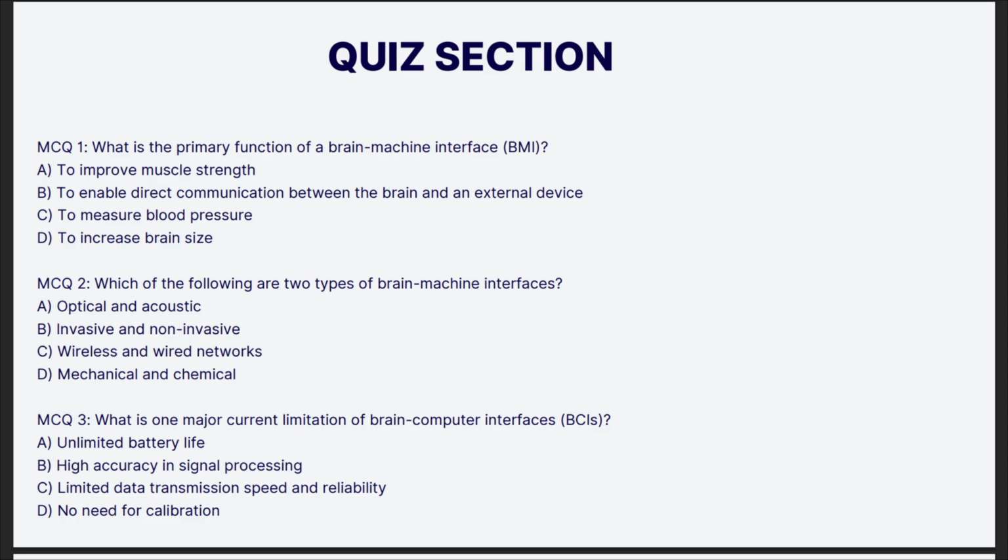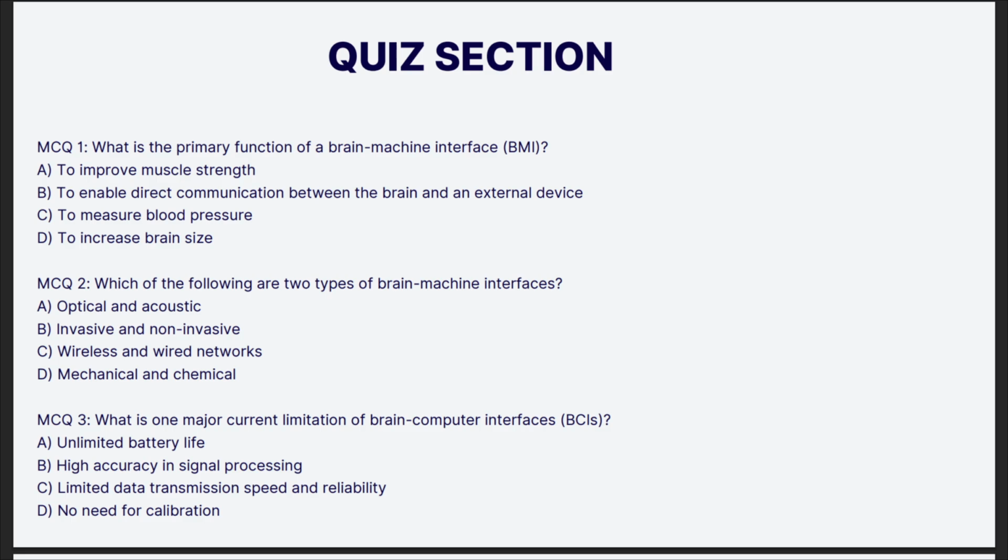So the answer is B, to enable direct communication between the brain and an external device. Which of the following are two types of brain machine interfaces? Optical and acoustic, invasive or non invasive, wireless and wired networks, mechanical and chemical. So the answer is B here, invasive and non invasive.